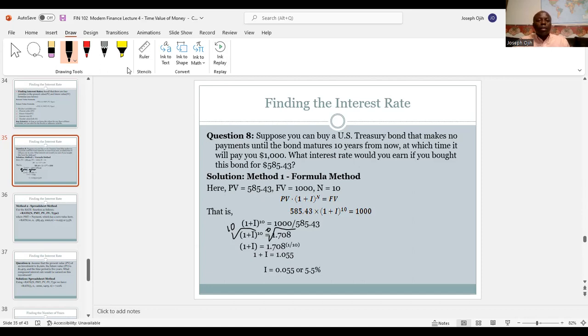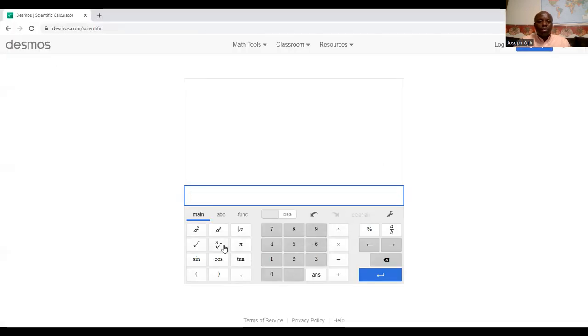So you have the 10th root of 1.708. It gives me 1.0550 and so on, which when you round it to 3 decimal places gives you 1.055.